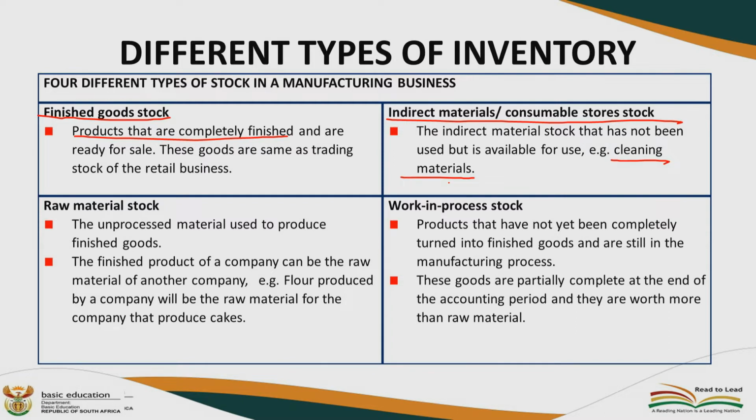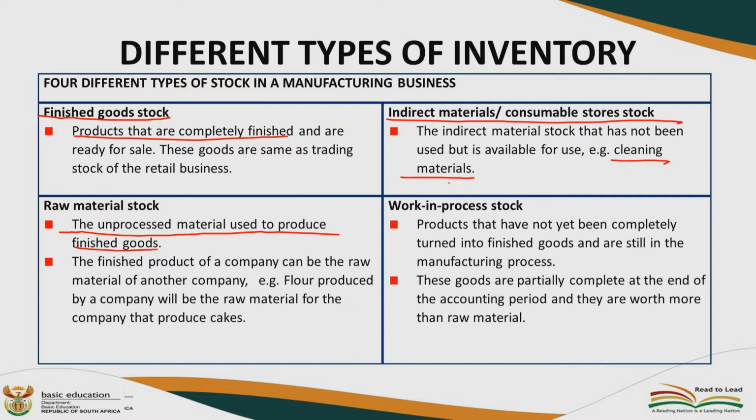Let me come to my raw material stock. You understand that when we are making dresses, we need the stock of raw materials. So that stock is also counted now as the third one. Our raw material stock is the unprocessed material used to produce finished goods.